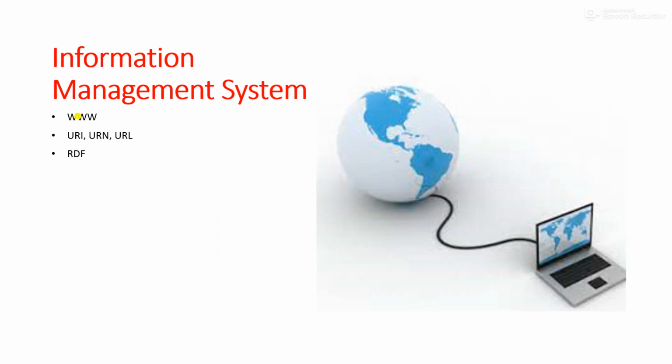Let me clarify this. The internet is the infrastructure. www is the information management system on the infrastructure. You get it? Someone can come out with a different information management system on the internet, and probably you say it shouldn't be World Wide Web.